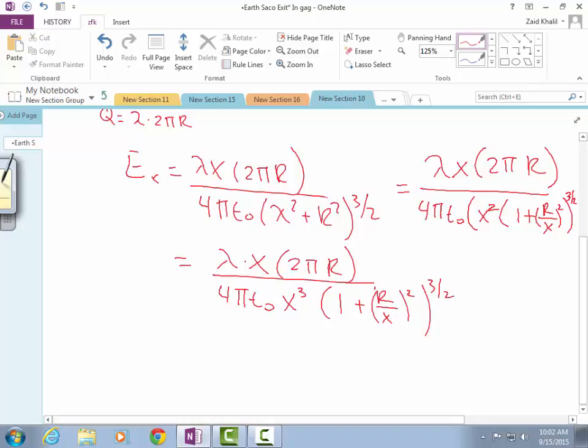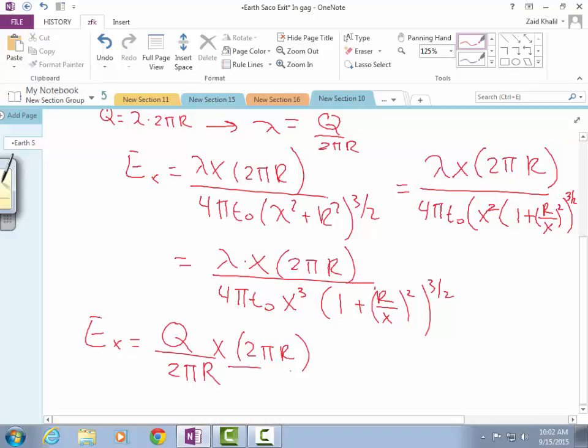Now what's lambda? It's Q over L. What's L? 2 pi r. So we have that E_x is equal to Q over 2 pi r times x times 2 pi r over 4 pi epsilon 0 x cubed times (1 plus (r over x) squared) to the 3/2.